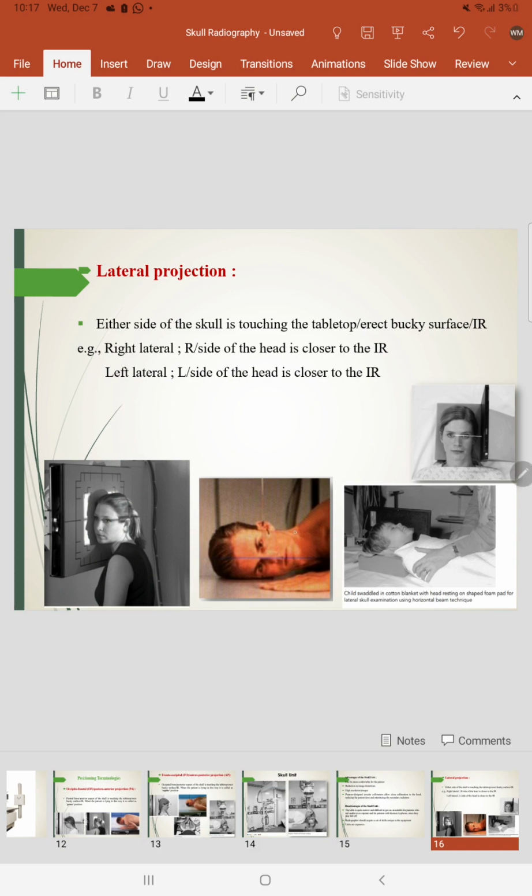Please look at these pictures and you can refer to them. See, the first picture is right lateral. This one also right lateral. So this picture is left lateral. Then this picture also left lateral.